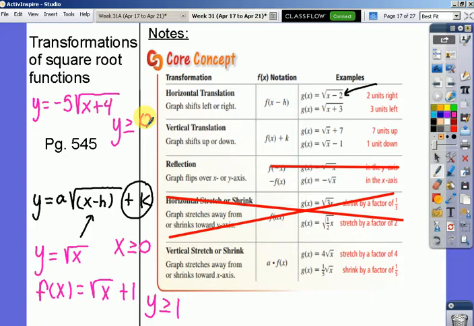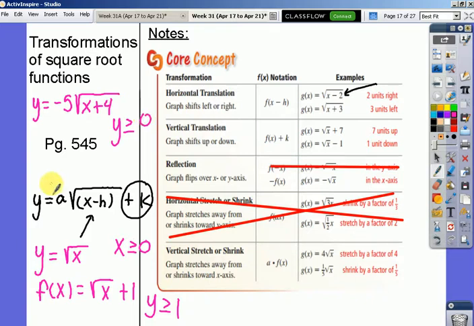Reflections. Just like before, we're going to look at reflections. Now, again, there are parts of the reflection and the stretches and shrinks that we're not going to address because you're going to see them again in Algebra 2, and if you teach calculus, you'll see them again in calculus. But with us, in this part of our mathematical journey, we're just going to look at reflections over the x-axis. So what do those look like? Well, that's just if our a value is negative.